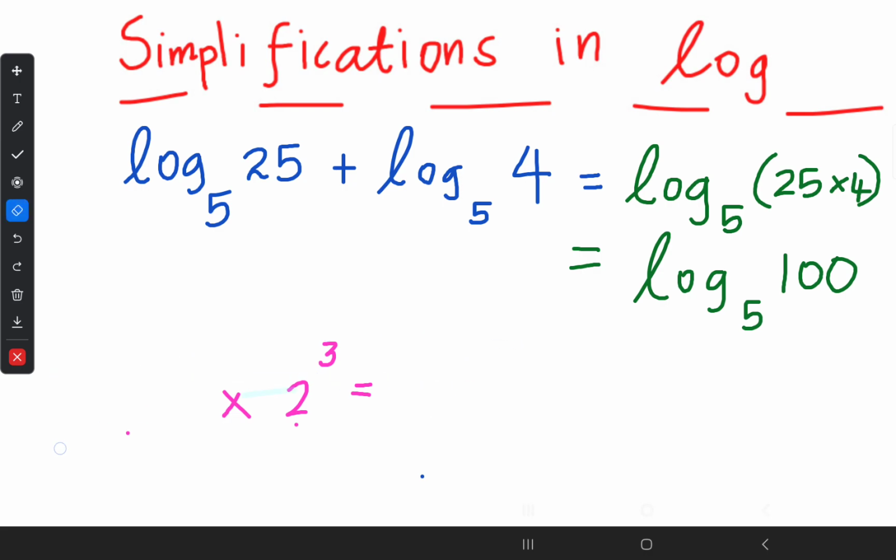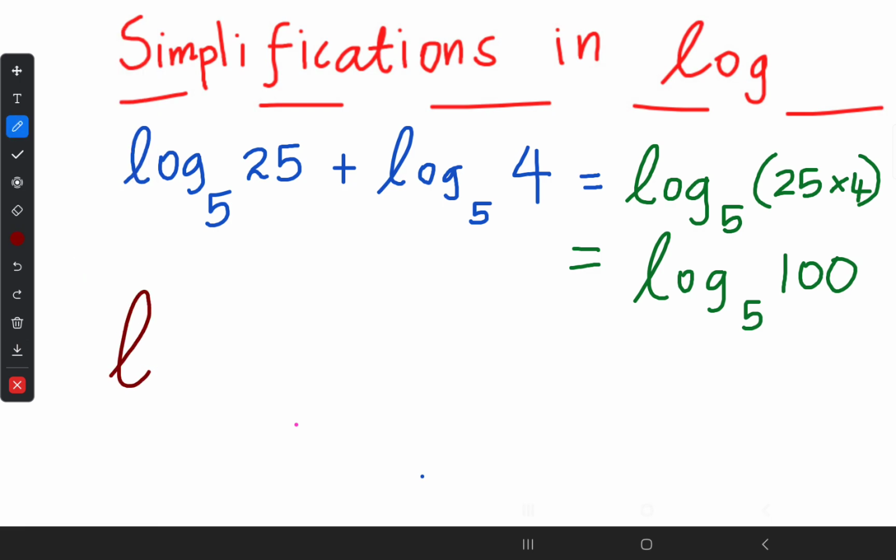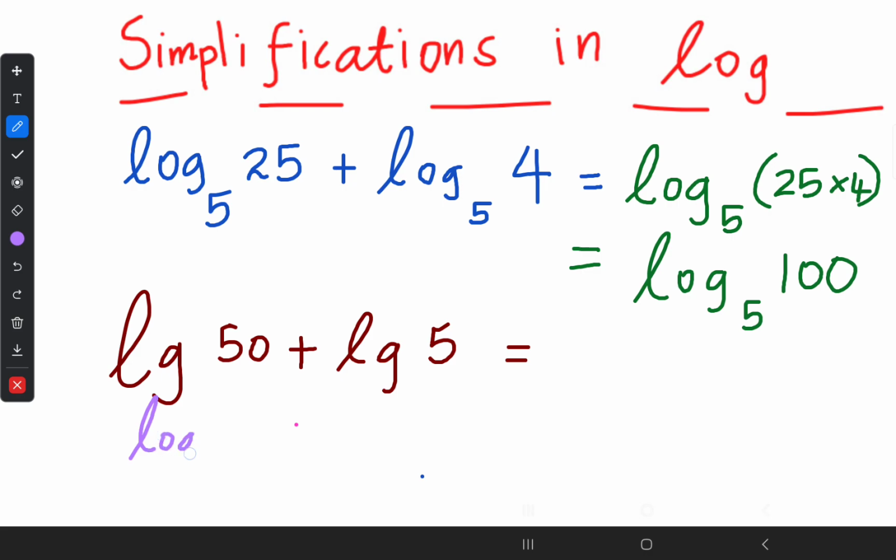I'll explain again by using another example. Here we have lg 50 plus lg 5. Lg means, let's write the abbreviation, log base 10 of 50 plus log base 10 of 5.